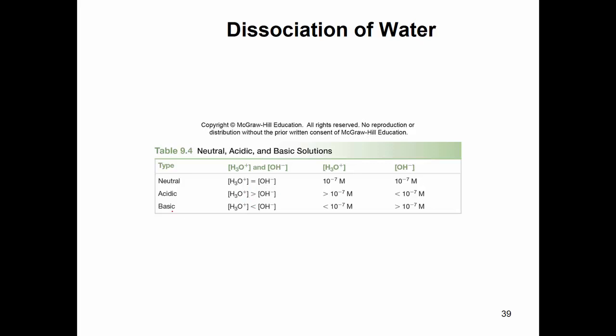If you have a basic solution, then your hydroxide concentration is going to be larger, and the hydronium exponent is going to be less than negative 7, or the negative exponent's going to be negative 6, negative 5, negative 4. It's going to be a larger number. So just don't let those negatives confuse you.